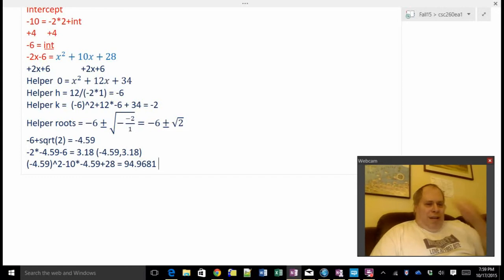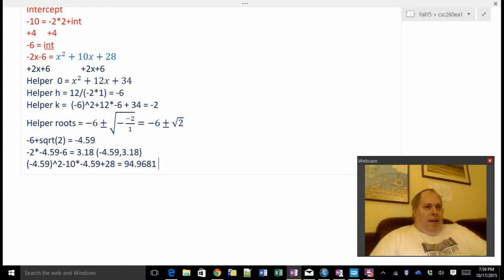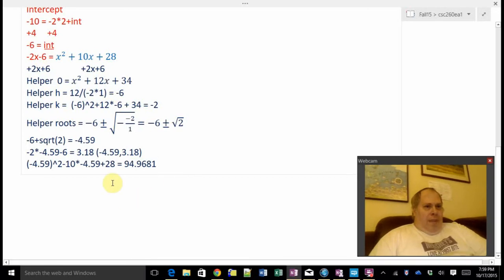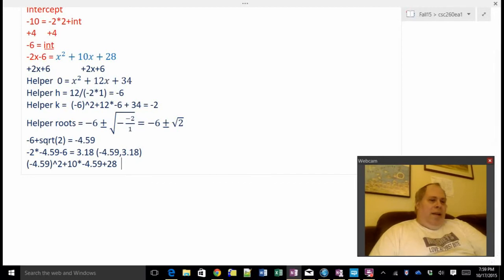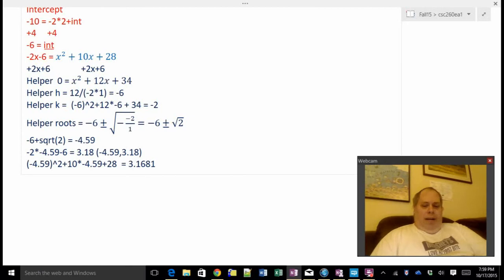Maybe I'm checking this wrong. Oh, this should say plus, though, not minus. So the problem was not an error in my math, it was an error in my check. This is a common problem also. I make all of these errors every once in a while. So if I say equals that, now it's about the same, about 3.2. It's a little different, but given that I rounded, it's close enough.